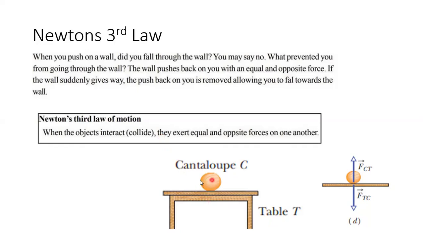So these two objects, the ball and the table, exert equal and opposite forces on one another.